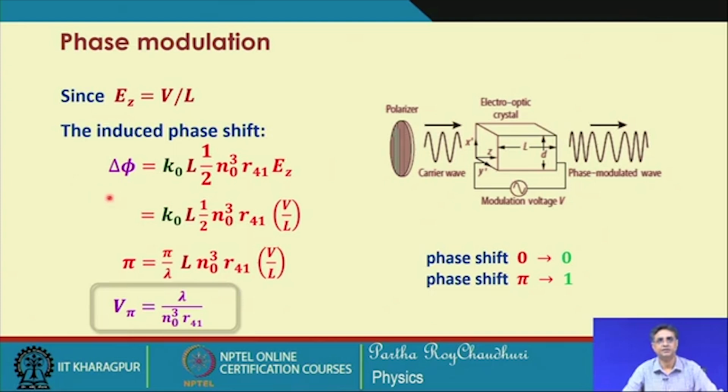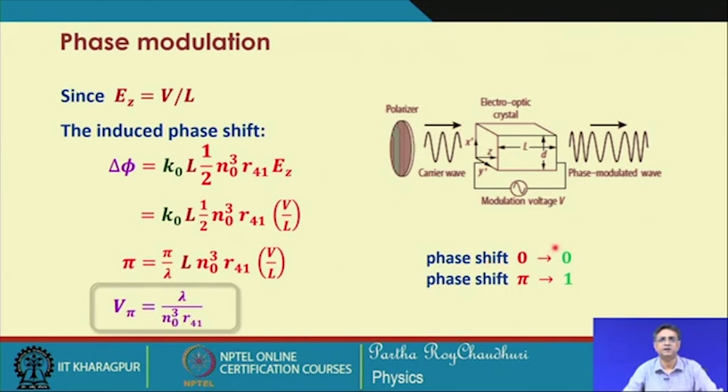But this change in the phase is now proportional to E z, which is equal to V by L. So, in this case this L cancels. So, therefore, the half-wave voltage, that is the voltage required to get a phase change of del phi equal to pi, is V pi equal to lambda by n cube r 41.